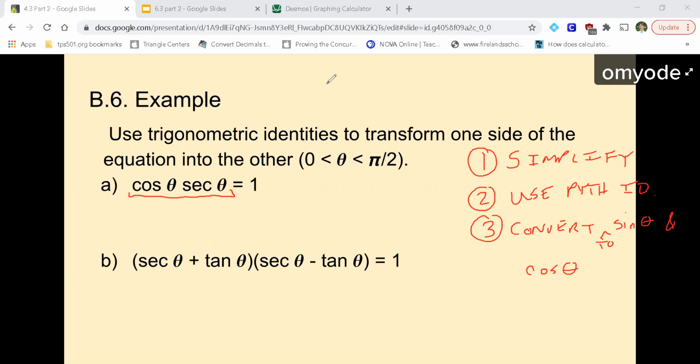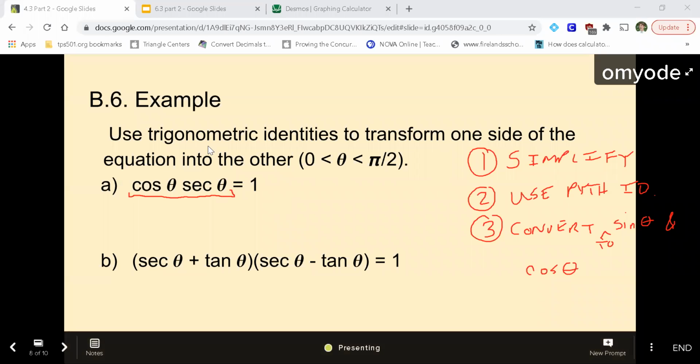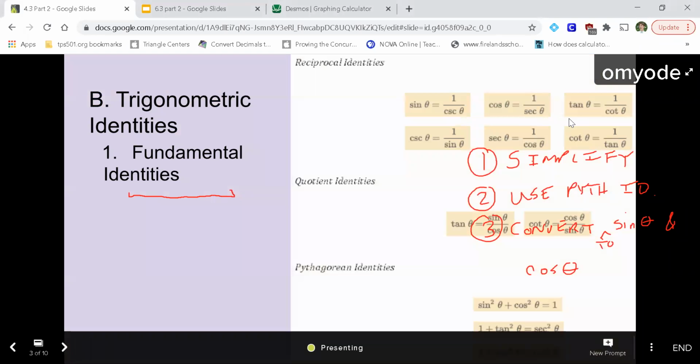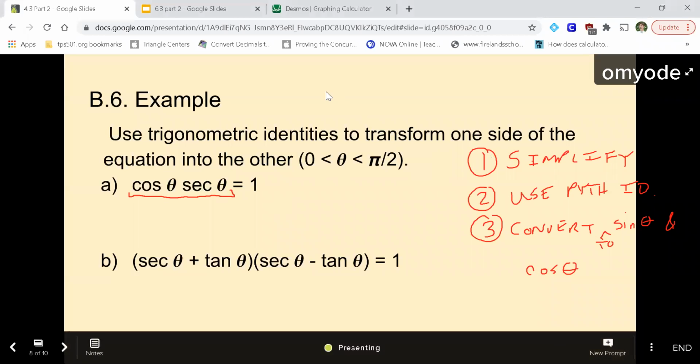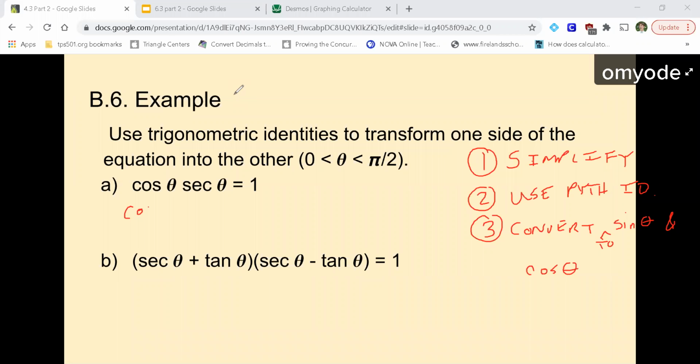Cosine already is cosine. That's great. Secant. How does that relate to sine and cosine? Well, secant is 1 over cosine. So the first step is I would write that this cosine of theta can be multiplied, instead of secant, by 1 over the cosine of theta. And that's a reciprocal identity.